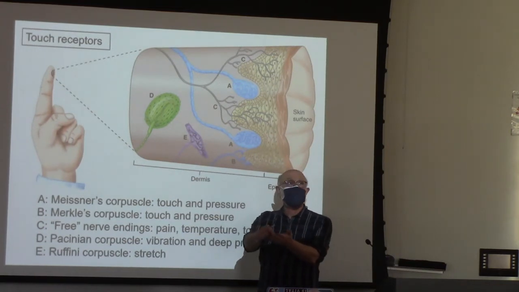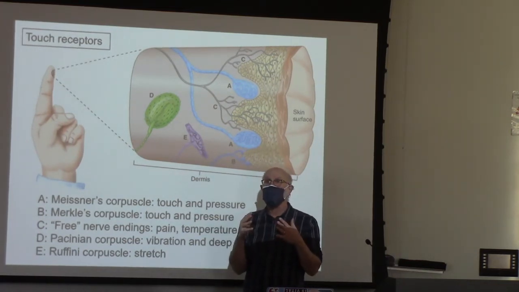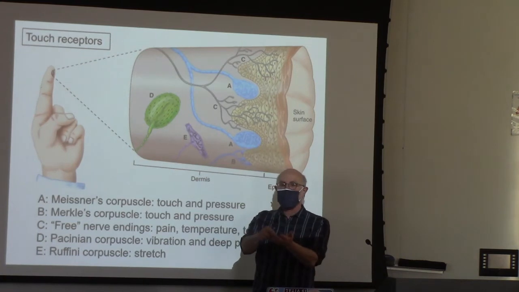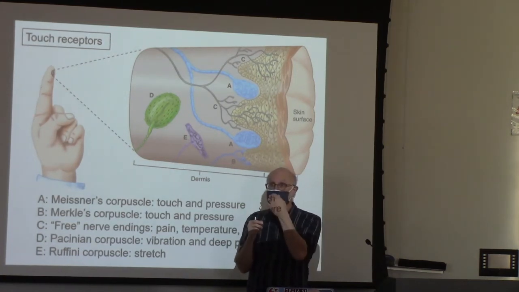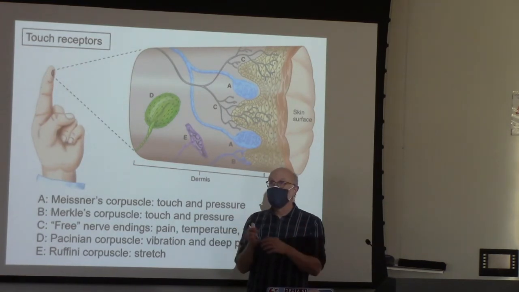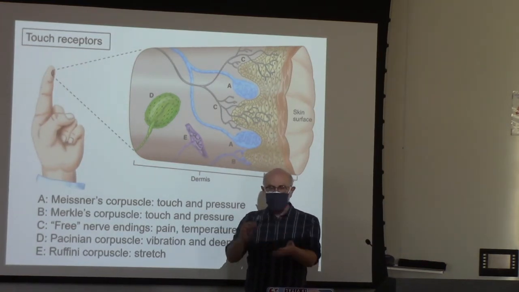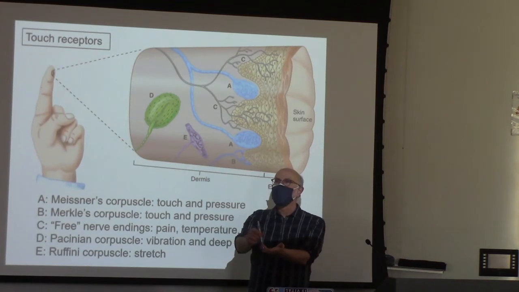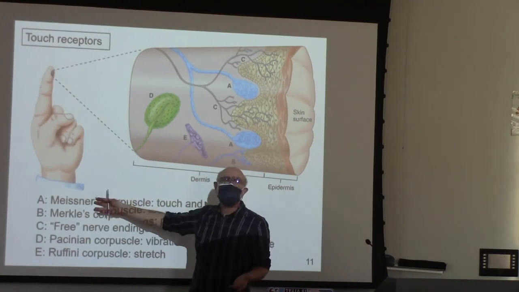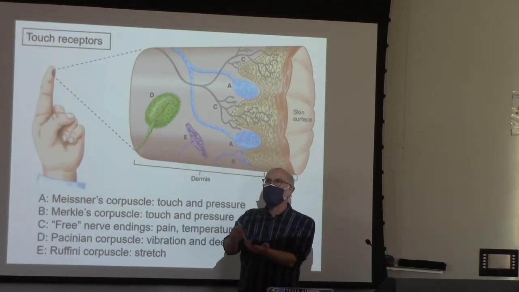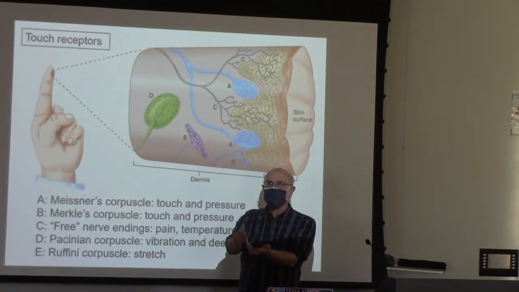Ion channels that are opened by stretch of the membrane that they're in. So when I poke at my fingertip, I'm stretching some membrane, opening some stretch-activated channels in, let's just say, Meissner's corpuscle.